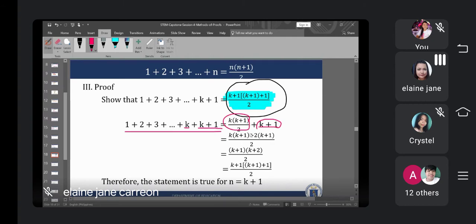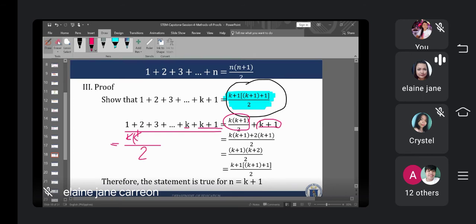Ngayon, para ma-add yan, di ba, gawin nating isang fraction. Paano? So, ganito siya. Equals, ang denominator natin is 2, and then 2 divided by 2 is 1 times k times the quantity k plus 1. Of course, we will have k plus 1.